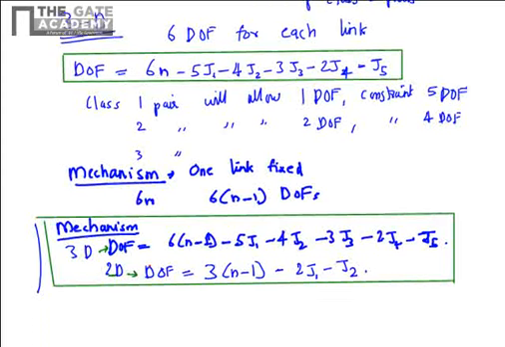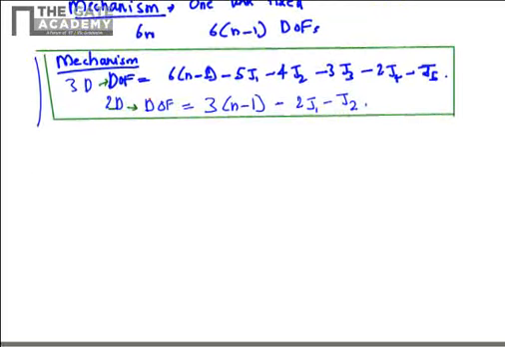Now the topic of Grubler's criterion, or determining degree of freedom of a kinematic chain or mechanism, is very important from the perspective of GATE, because most of the questions from this area are asked based on Grubler's criterion. So let me take you through an example. To illustrate the application of Grubler's criterion, I will draw a kinematic chain.